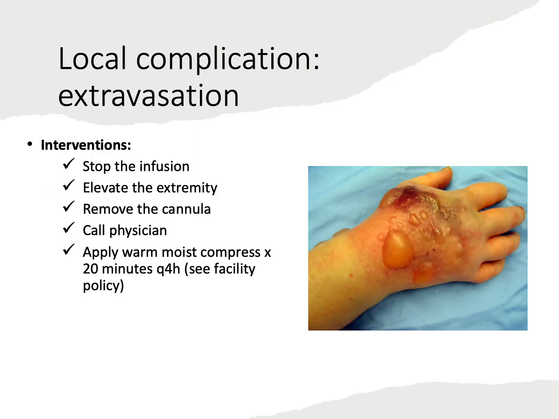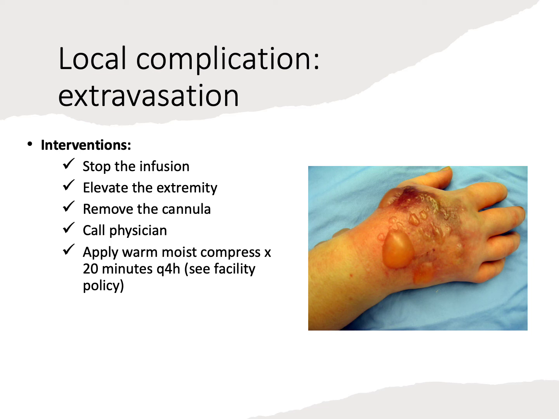So the signs and symptoms, I guess I already talked about that. But the interventions for an extravasation are to stop the IV immediately, clearly, and remove the IV line. You want to get a hold of the physician ASAP.